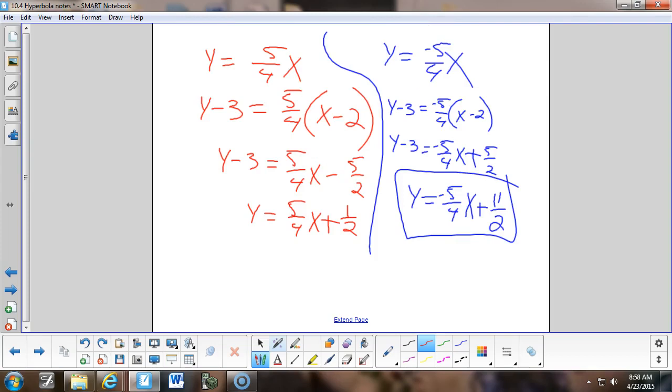Well, way back at the very beginning of second quarter, maybe, I don't know, somewhere in there, we spent a ton of time talking about translations and transformations. Like when I do y equals x squared versus y equals x squared plus 3. Is this 3 in with the x? It's out with the y.